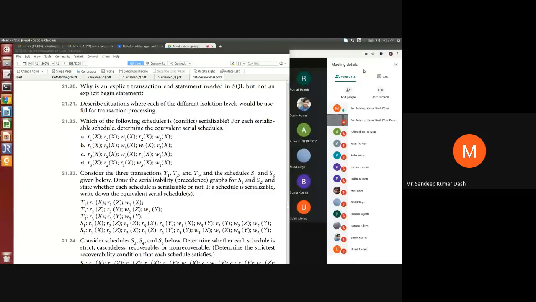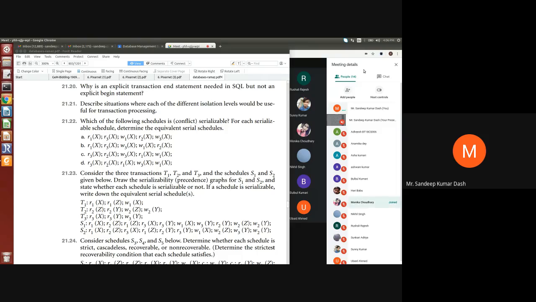Because T1 is having R1X, T3 is having W3X, so that you can relate. That is an edge. Then T3 is R3X, T1 is W1X. Between that, you will have an edge. Then again T2 to T3, there will be an edge.